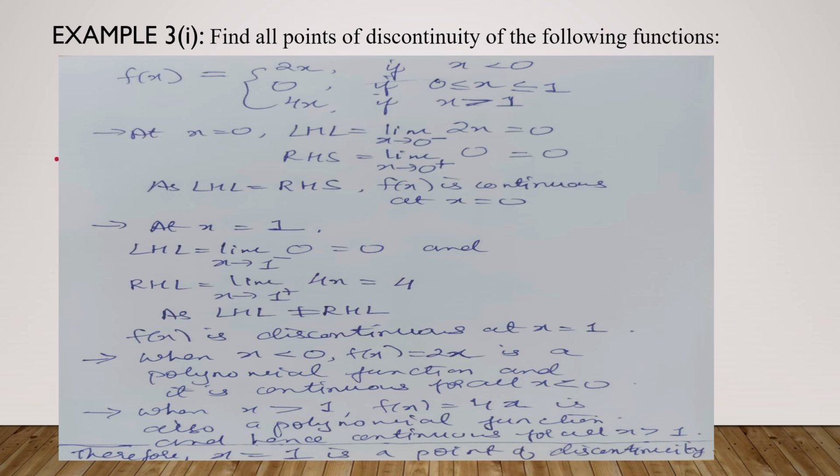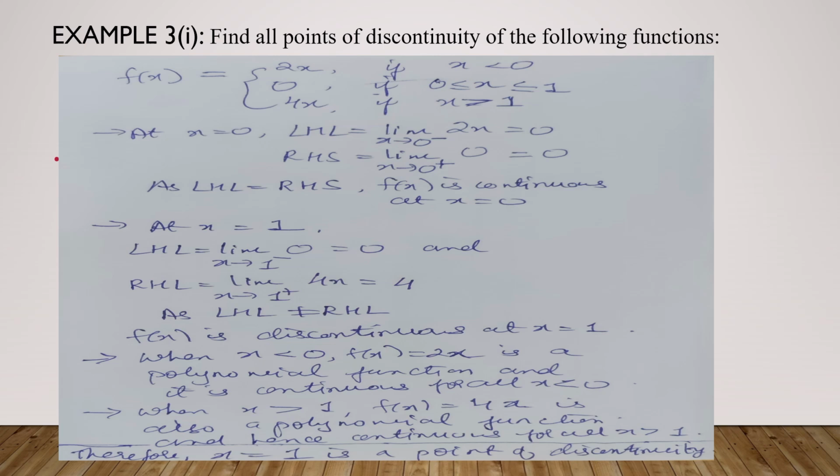At x = 1, let us check. As x tends to 1 from the left hand side, you are going to take the definition of f(x) as 0 when x is between 0 and 1. So you are going to use this in the left hand limit. So the left hand limit as x tends to 1 minus is 0.